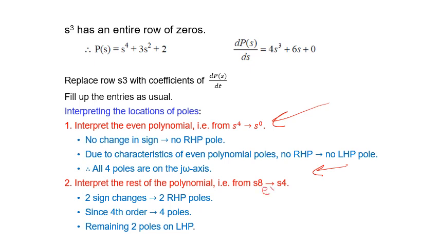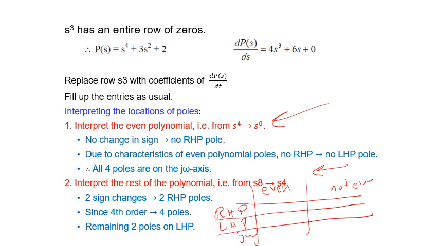We will say even, not even. Then we are going to say something like this: right hand plan, left hand plan, and j omega. So in the even polynomial, right hand plan is 0. That means left hand plan is 0, which means all the poles will go to j omega.